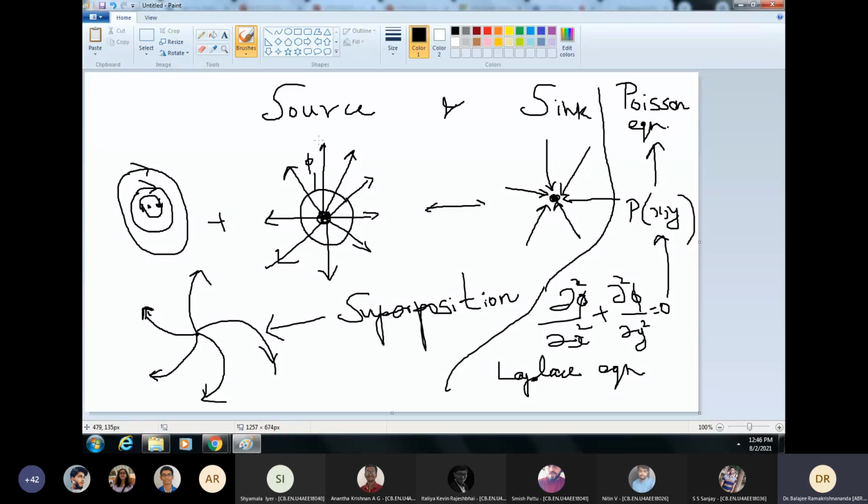This is the stream function, let's say S. At every point the angle between these two is a right angle, here or here, anywhere. I'm just using a very simplified example. Even in a complicated case, it's true.